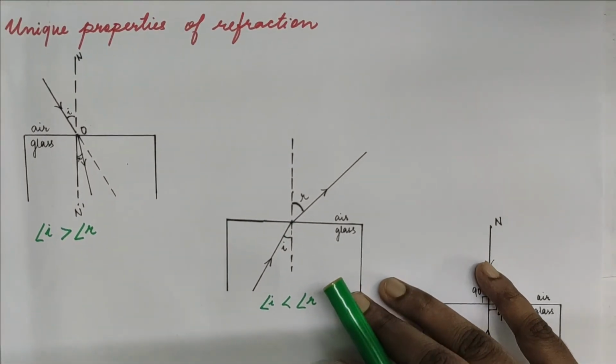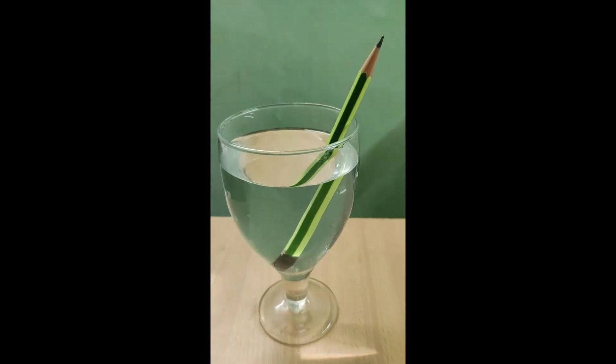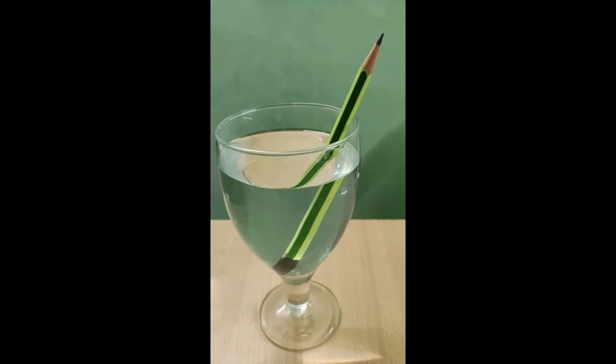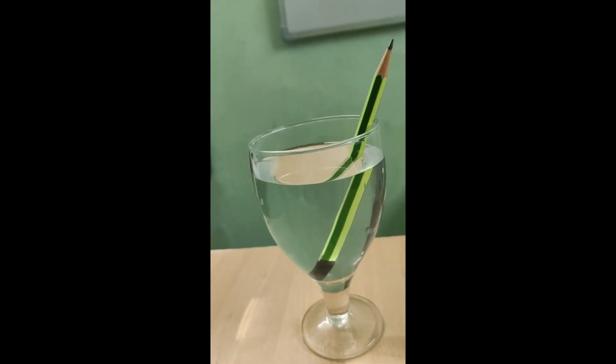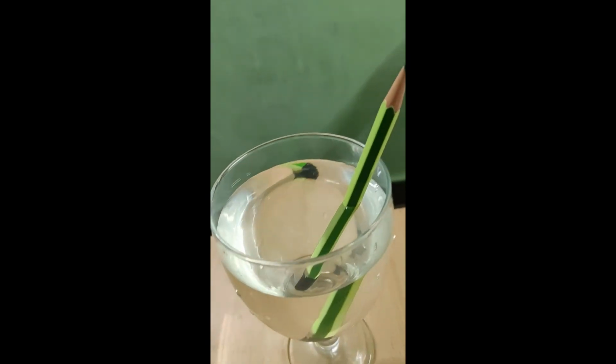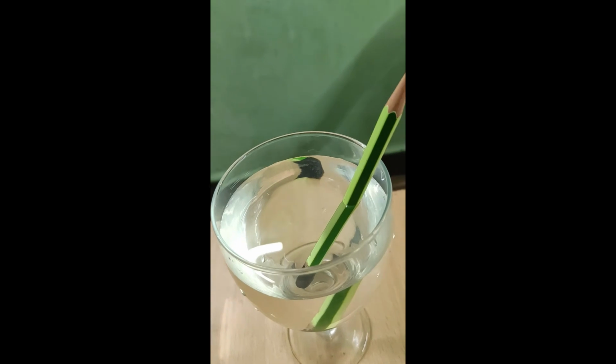Now based on this, I am going to show you a few real life examples of how refraction happens in nature and how it works. So please see this. Students, you can see that I have dipped a pencil in water, and can you see how different it's looking from here? And if you just see from the top as well, you will feel that the pencil has become bent.